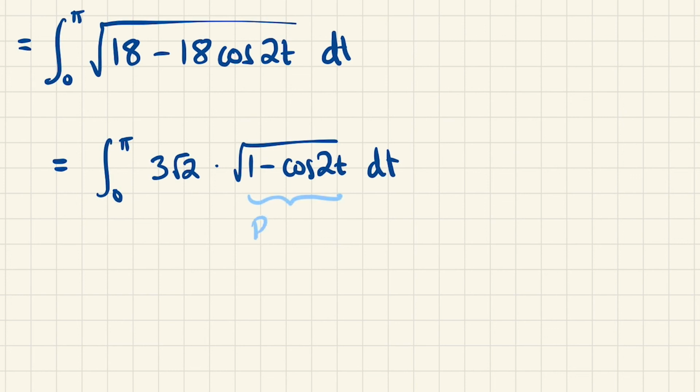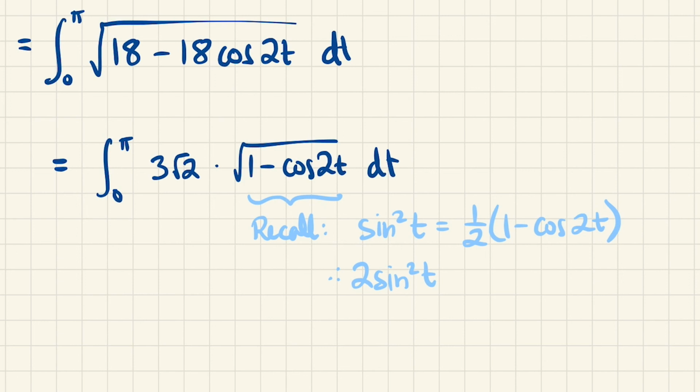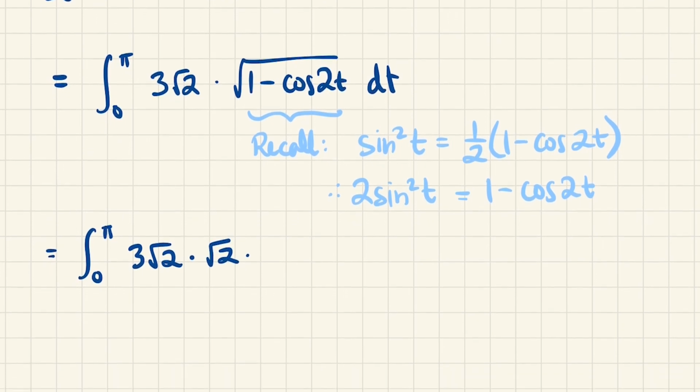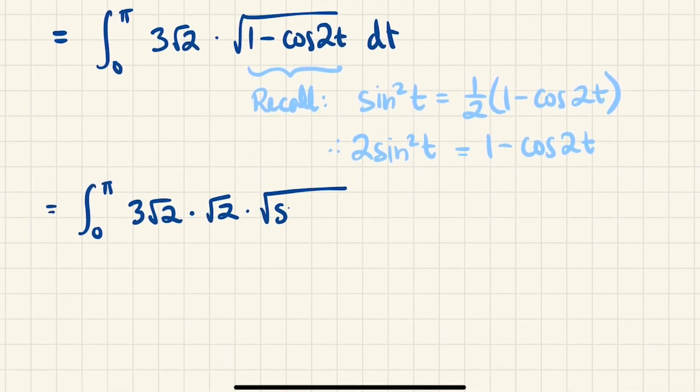But recall that sine squared of t is 1/2 of 1 minus cosine of 2t. And therefore, 2 sine squared t is equal to 1 minus cosine 2t. Well, that's very nice. So we have here another rad 2, and then the square root of sine squared t.